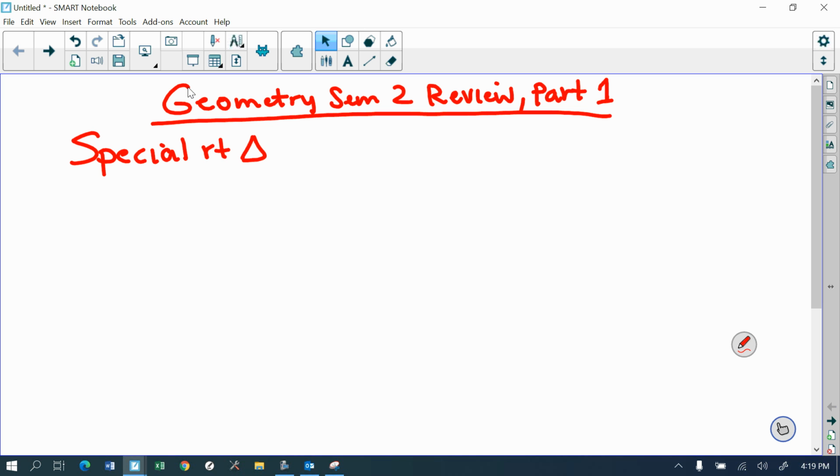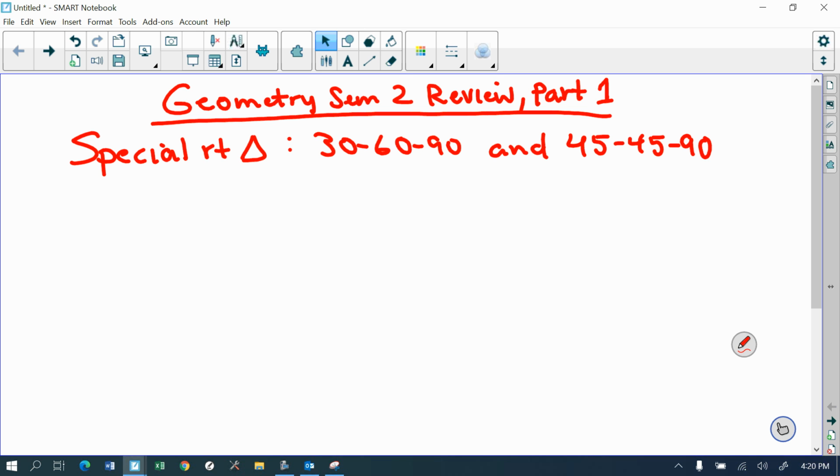I have it on the first semester review, but I'm going to start with it here. So those who are just watching the second semester review and have to start here can see this right away as well. So you have two special right triangles, 30, 60, 90, and 45, 45, 90.